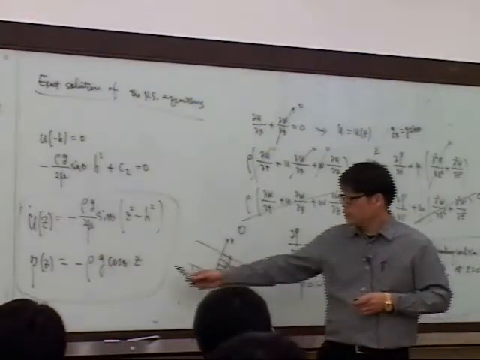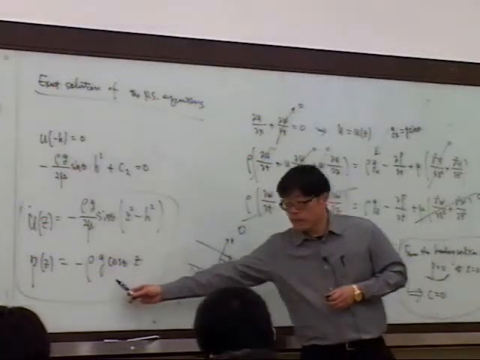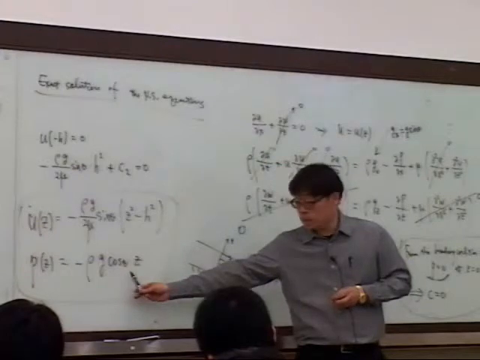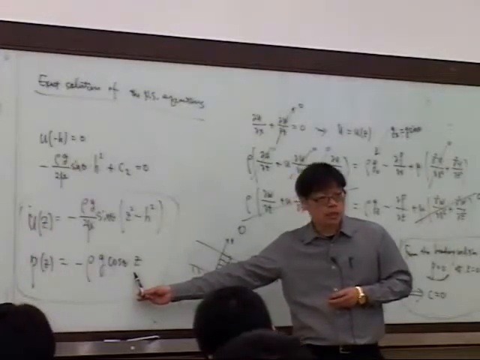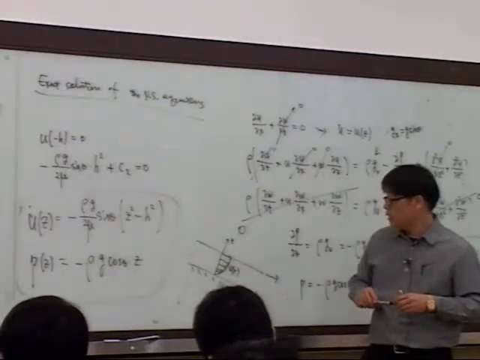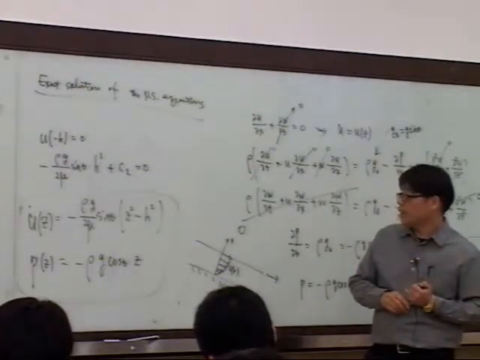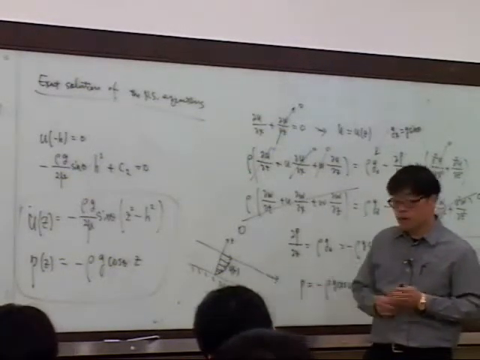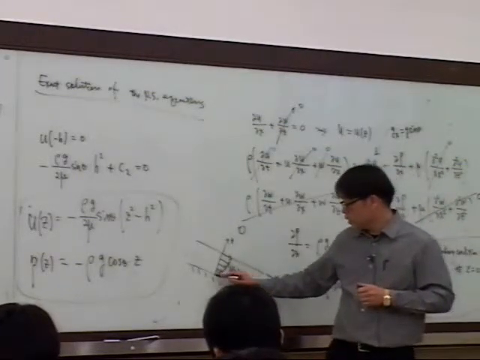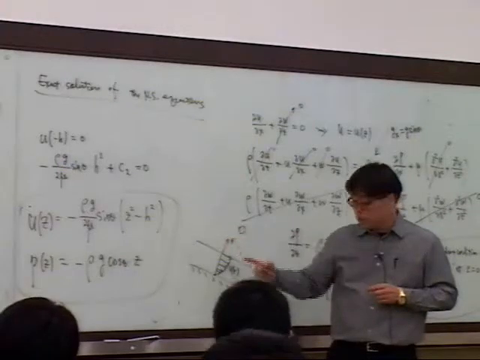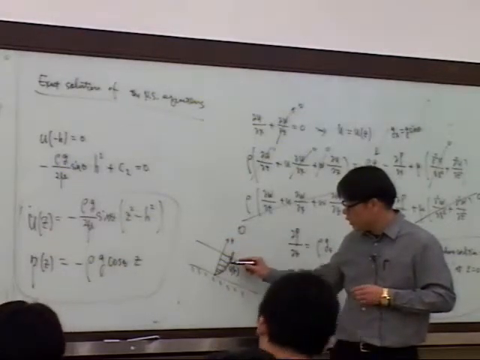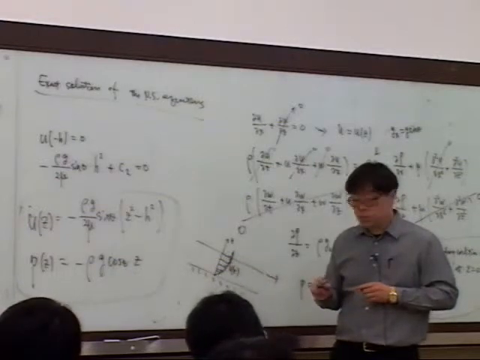So Z is always negative, and pressure is always positive as it has to be, and increases linearly. And the velocity is parabolic like this. So U is 0 here, as the boundary condition says, and also du/dz, the slope, has to be 0 here.